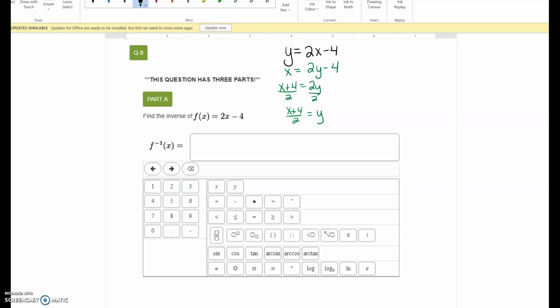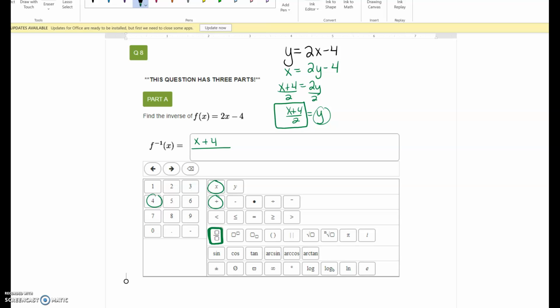The last step really is to change this y back into this symbol, f negative 1 of x, but I have already put that in as a label, so all you have to do is type this thing into that field. Now, here's the important thing with this. You need to start with this button. This is the fraction button, and when you click that button, it will give you that fraction line. You can click on the top and type in x plus 4.